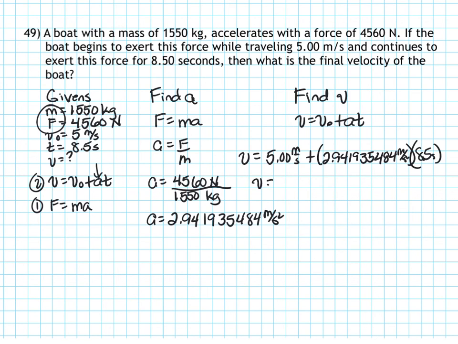And when I solve this, I get a final velocity of 30.01 meters per second, and with 3 sig figs, I'll make that 30.0 meters per second.